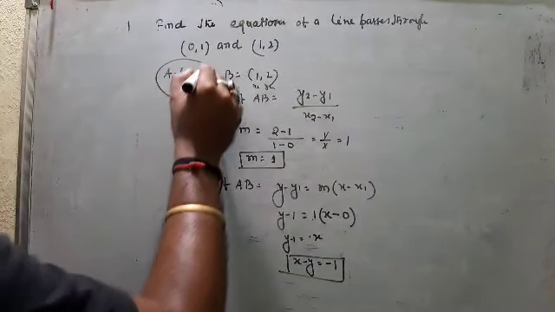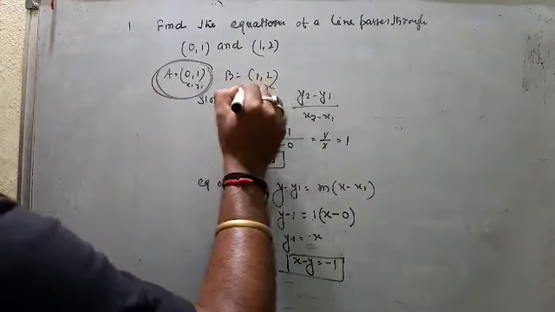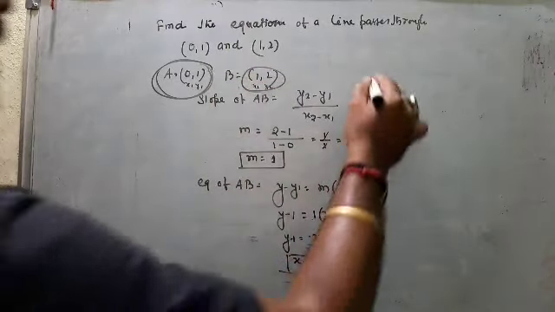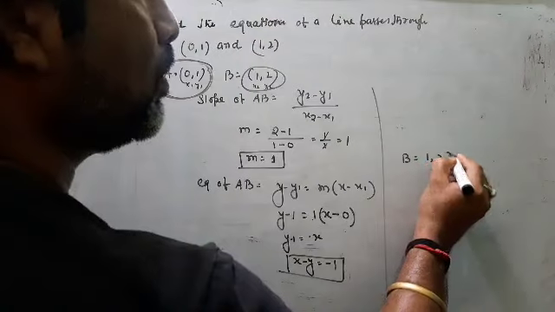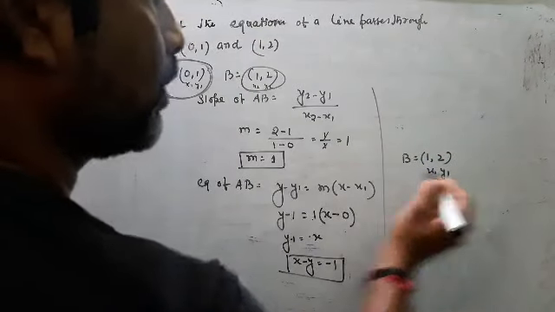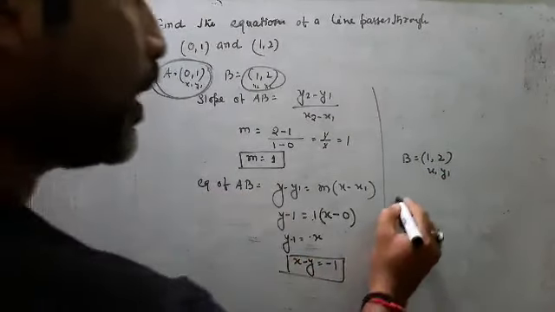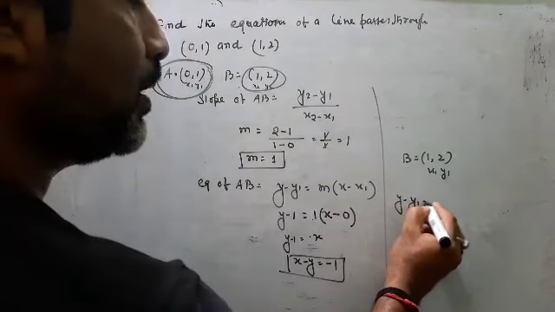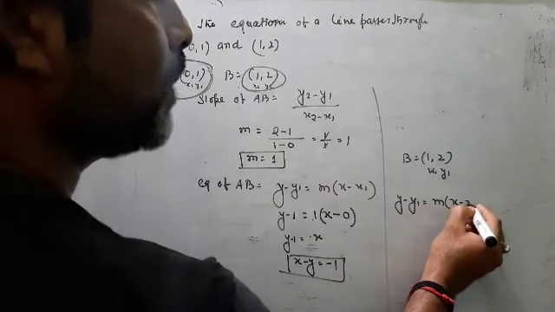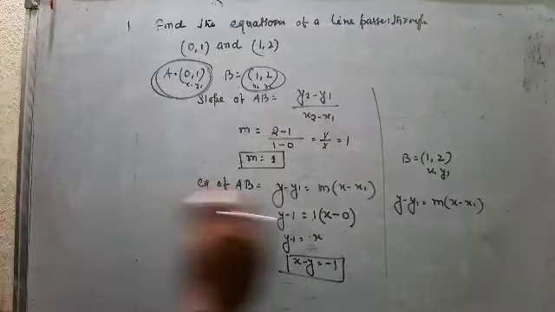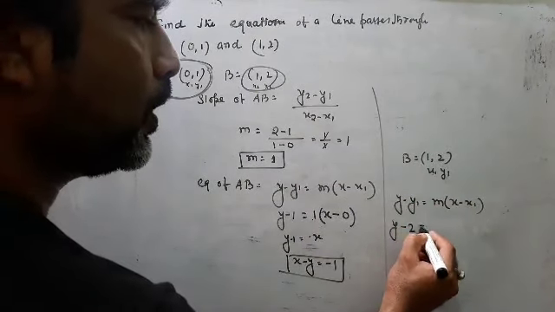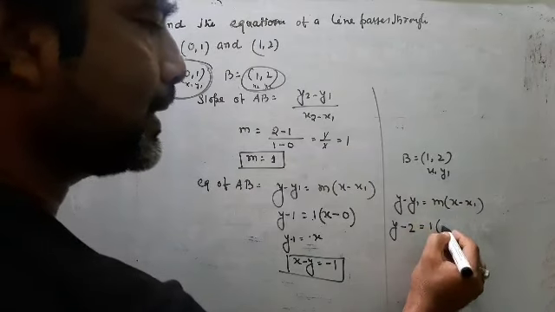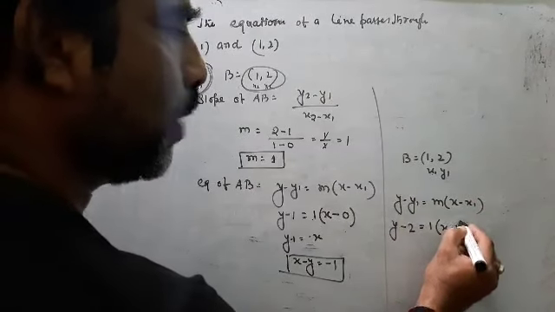So sir, if I take this one as x1 y1, then what happens? Let's try. If you take B, 1, 2 as your x1 and y1, again you use this formula: y minus y1 is equal to M whole x minus x1. So y is y and y1 here is 2, equal to M which is 1, x is x and x1 is 1.